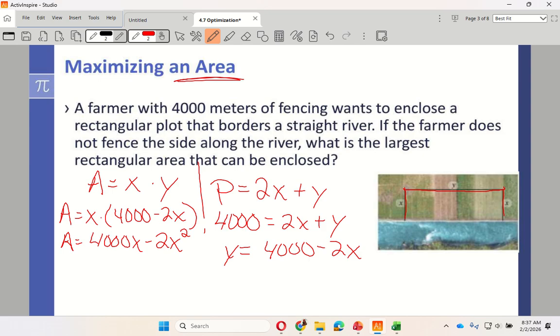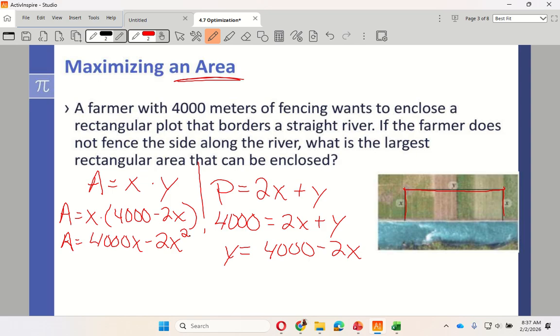So what type of shape is this going to give me? It's a parabola, isn't it? Very good. It's a negative parabola, so it's going to be opening downward, right? It's concave down, and if it's concave down, what does that give me? Maximum. Very good. That's what I'm looking for.